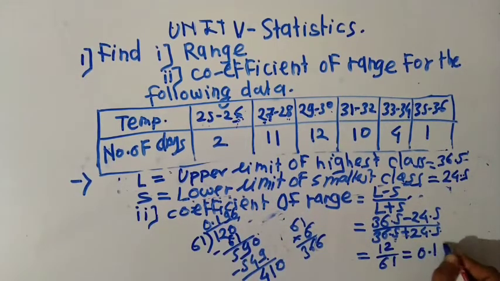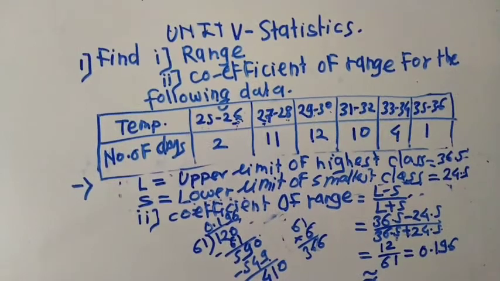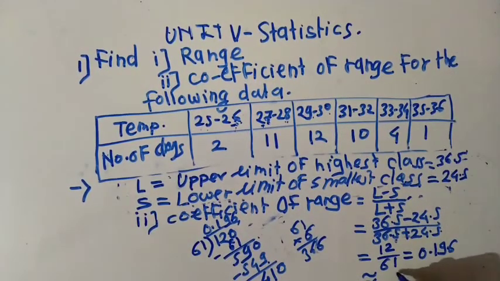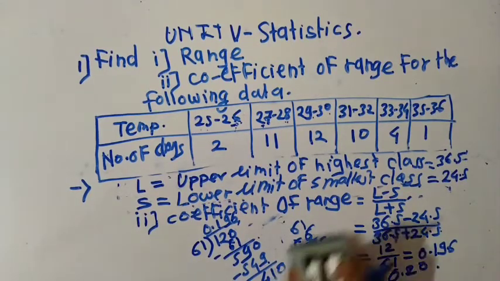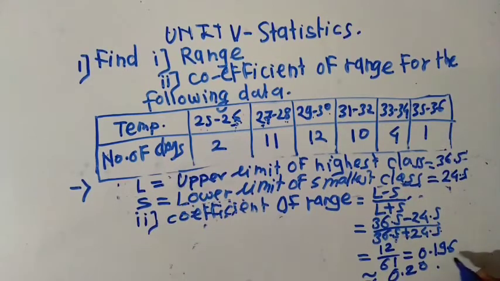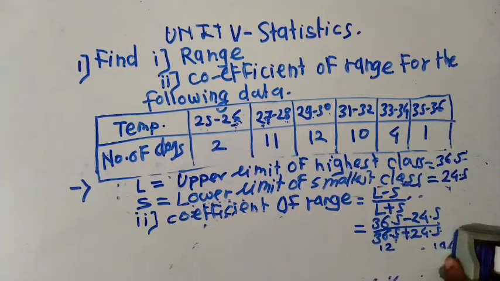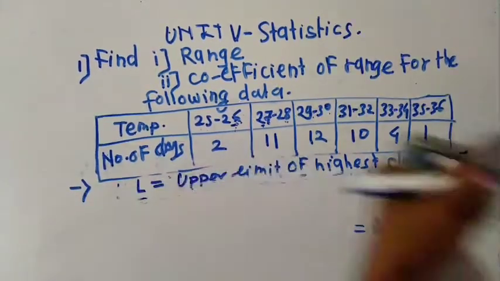So 0.196 is the answer, which is approximately equal to 0.20, since after 0.196 the digit 6 is above 5, so we round up. Hence coefficient of range is 0.20.